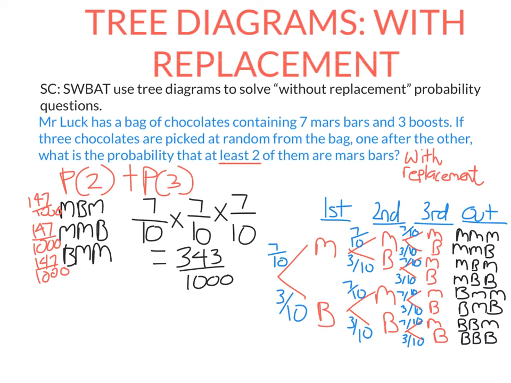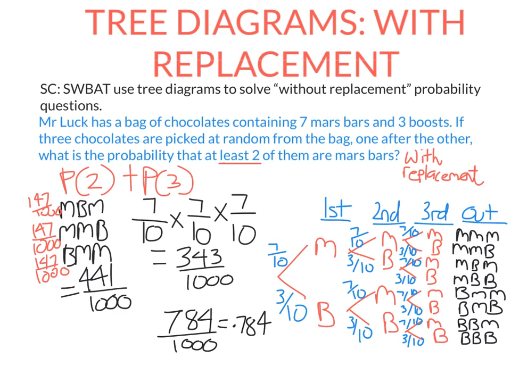So the probability that I get 2 Mars bars and 1 boost is just these three added together. And that will give me 441 over 1,000. So the probability I get at least 2 Mars bars, I just add these two together and I get 784 over 1,000, or if you like, 0.784.